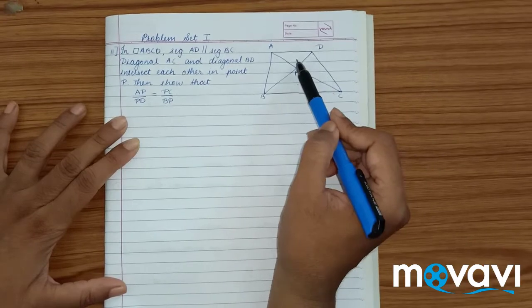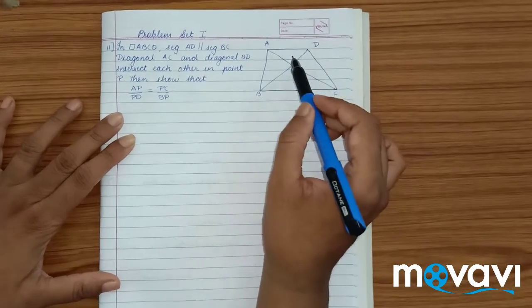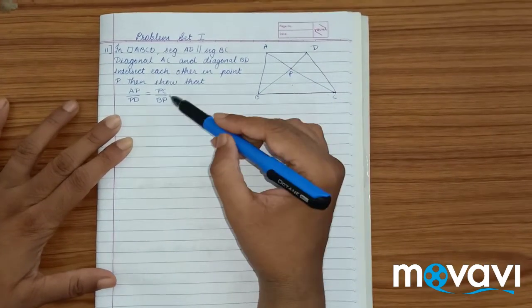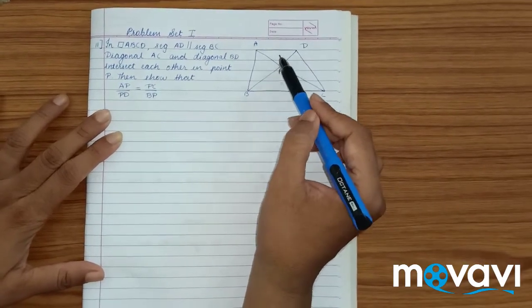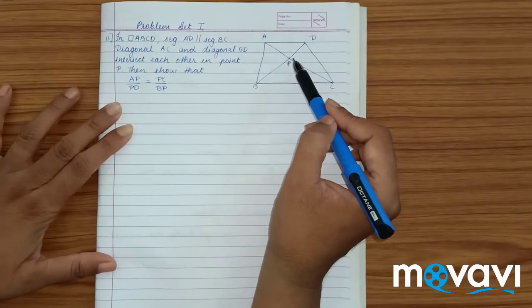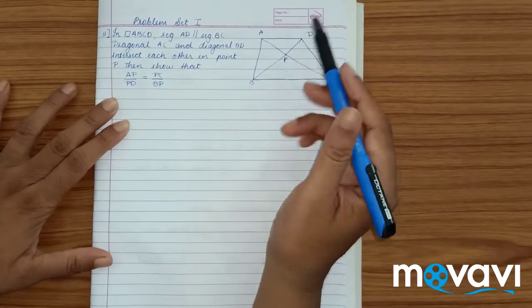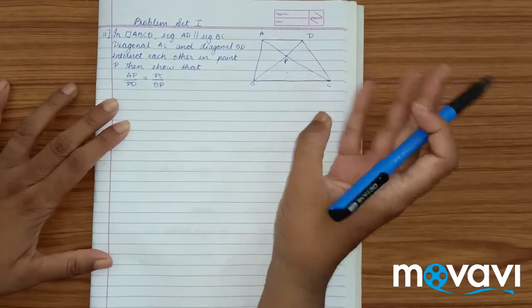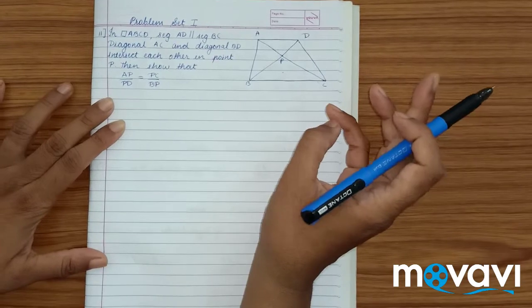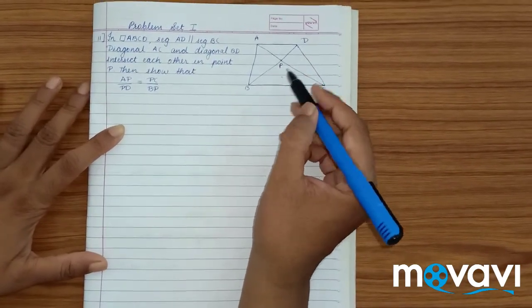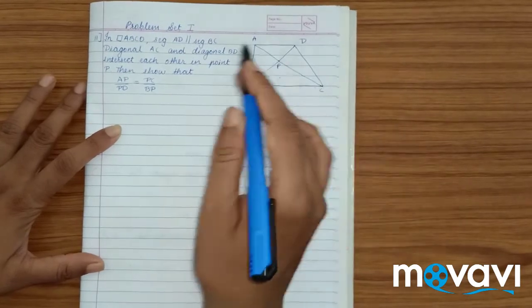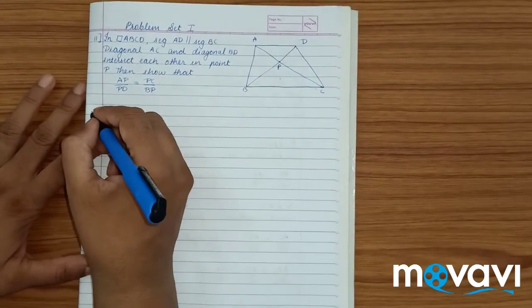Okay, these two triangles we are going to consider. Now to show some ratio of the sides of the triangle, you need to show that the triangles are similar to each other by any one test that we have studied for similarity. So we will proceed to show that these two triangles are similar first, and then we will take the ratio. So how do we start?